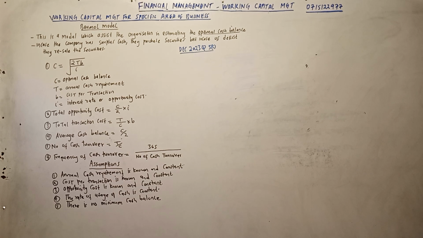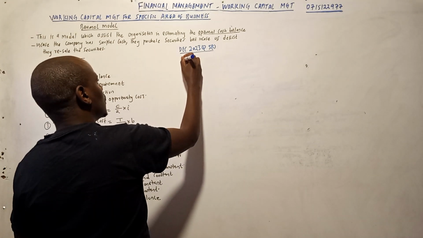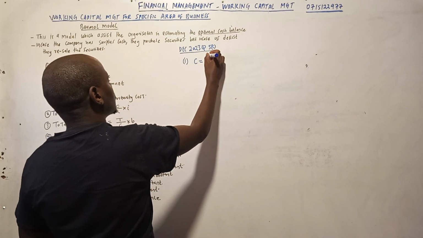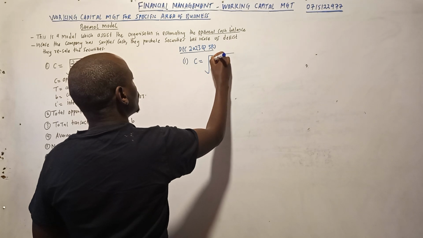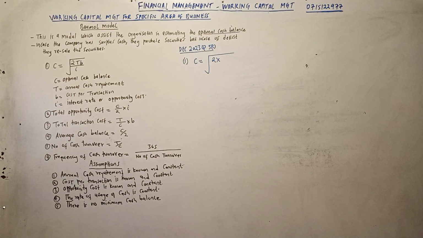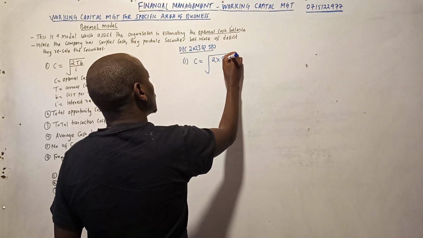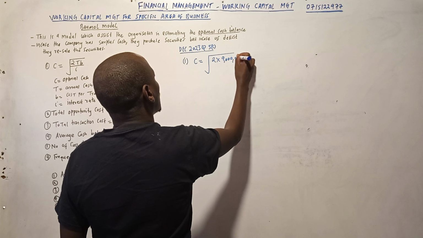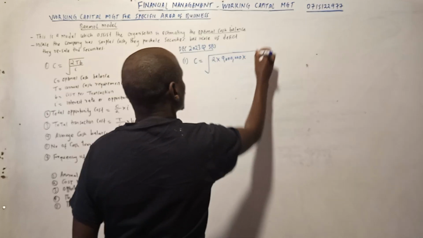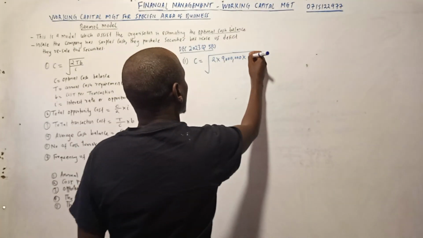Number 1, the optimal cash balance. As usual, it is the square root of 2 times T, where T is our annual cash requirement, which is 9 million. We multiply with the cost per transaction, which is 30 shillings.